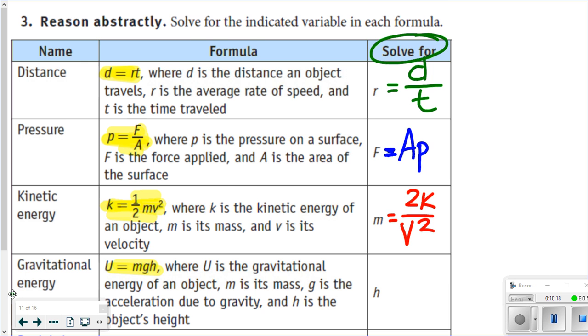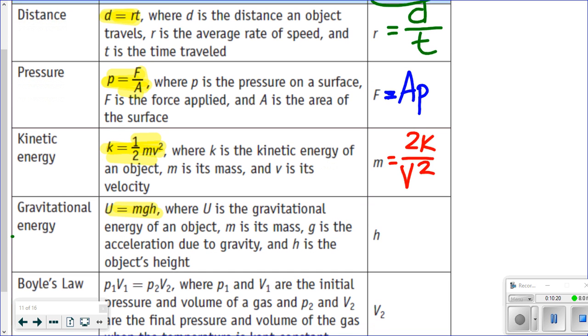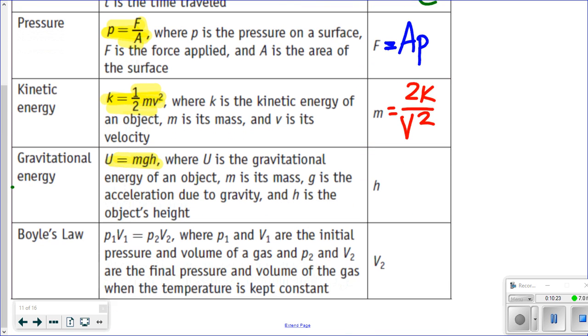The next one here is u equals mgh. We want to solve for h. We want to get this variable all by itself. Well, what's in front of it? M and G. They're all smushed together. So what that means is M and G are being multiplied. So the opposite is to divide.